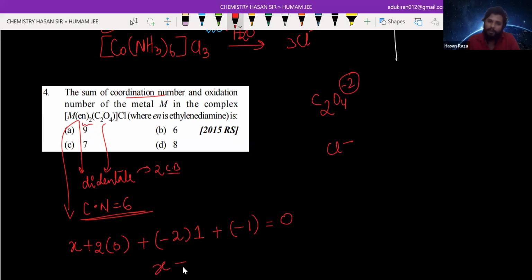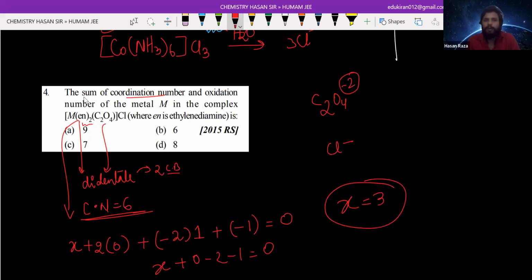So x plus 0 minus 2 minus 1 equals 0. So the oxidation state is +3. We need the sum of coordination number 6 plus oxidation number 3, which is 9. So the answer is A.